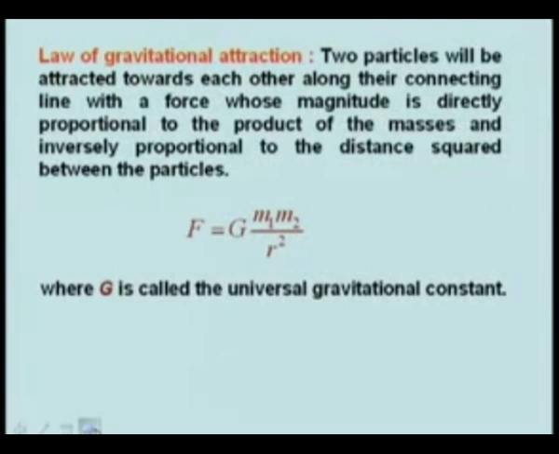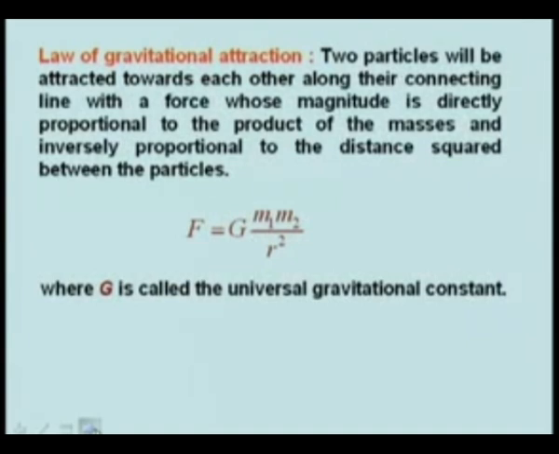Now, Newton also provided a law of gravitational attraction. Two particles will be attracted towards each other along their connecting line with a force whose magnitude is directly proportional to the product of the masses and inversely proportional to the distance squared between the particles.